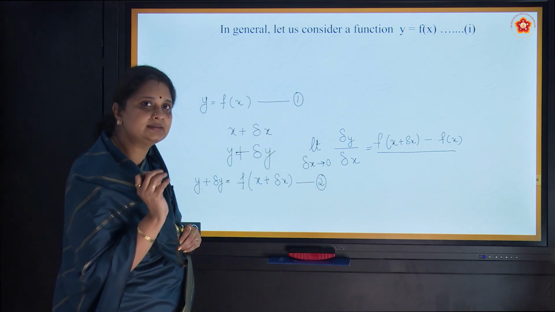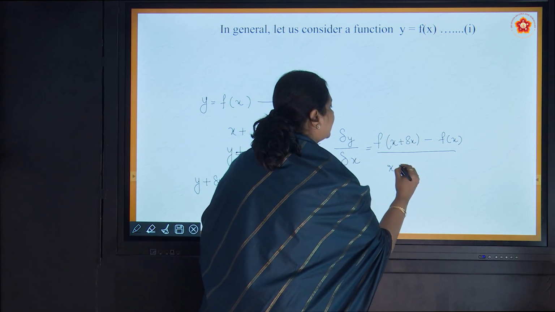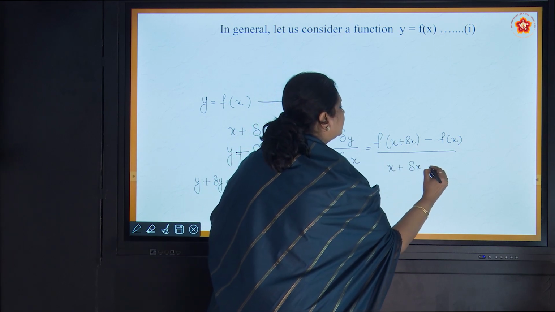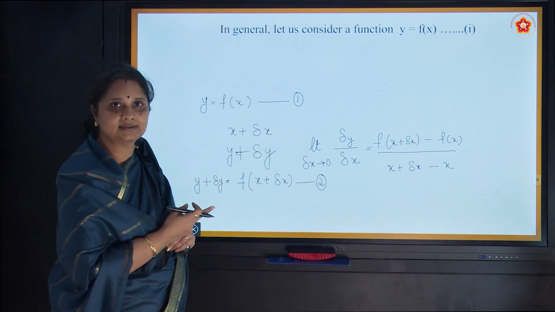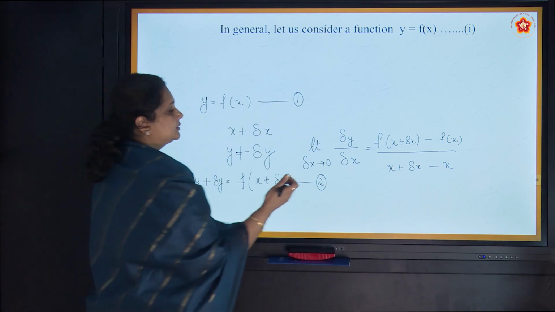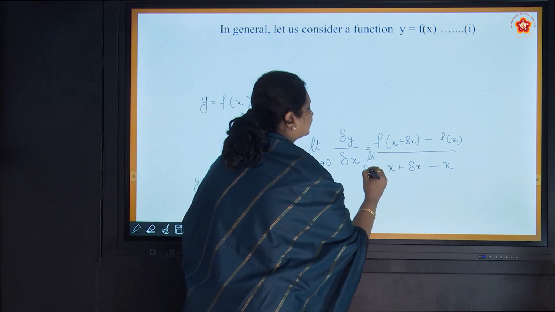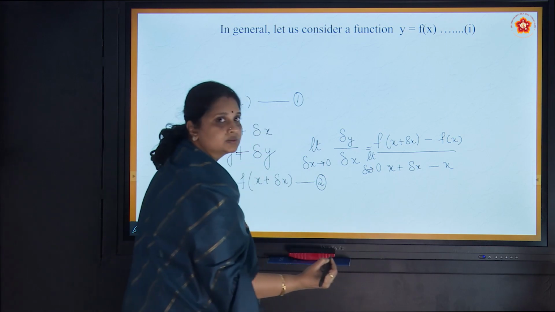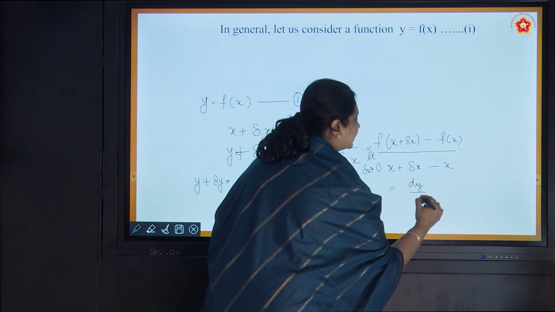And del x is the increase in x. From the new value, that is x plus del x, I reduce my original value x to get the increase in x. So this del x is again negligible. So this is my dy by dx.